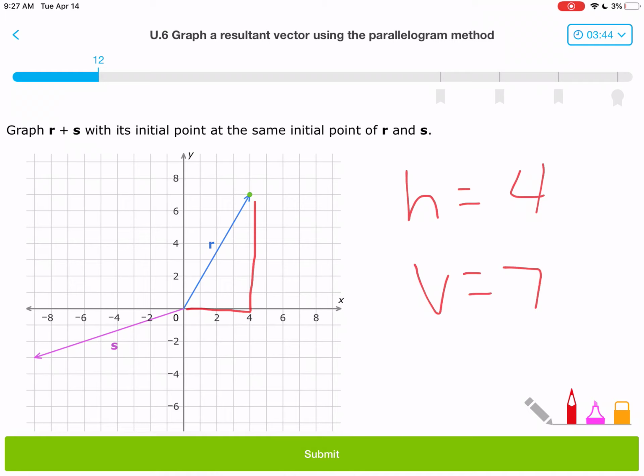So in order to draw my parallelogram, I'm going to start at the terminal point of S, so where my side would start. And starting there, I'm going to count a horizontal change of 4, 1, 2, 3, 4, and a vertical change of 7, 1, 2, 3, 4, 5, 6, 7.